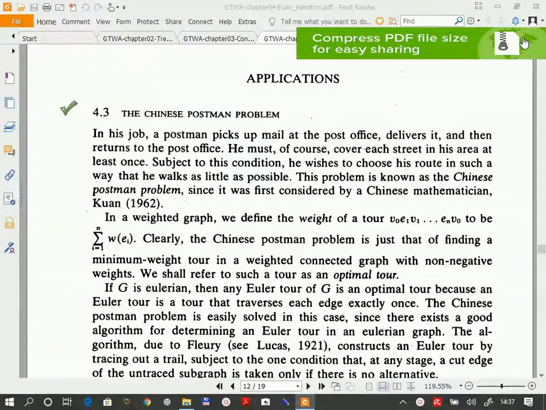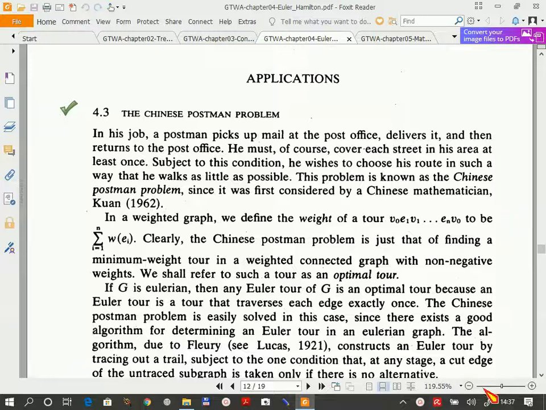Okay, in the sense that if you have to go twice through some streets, then you would like to do it with minimal double length. Okay, and so there is a way to do that, which is called Fleury's algorithm.